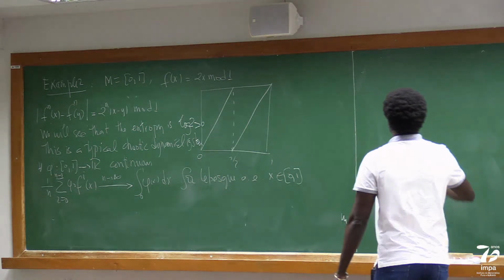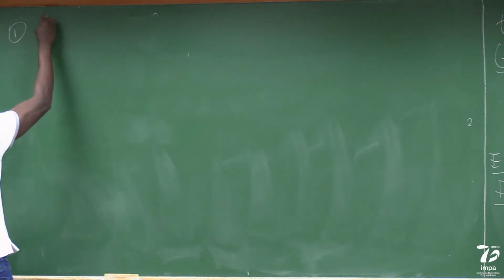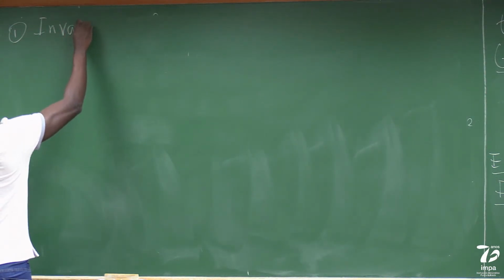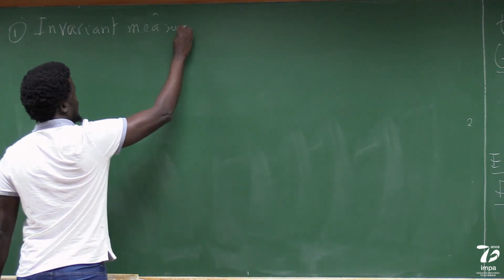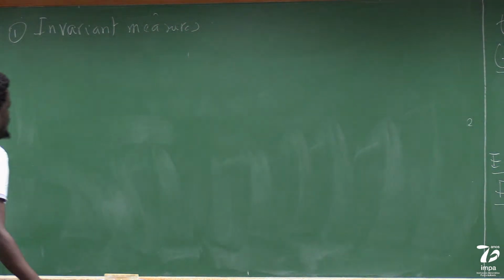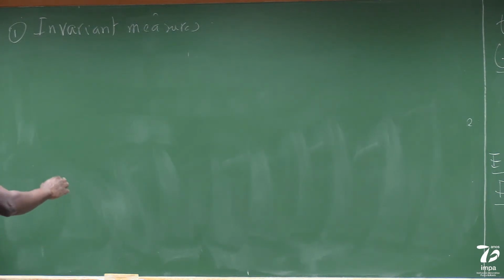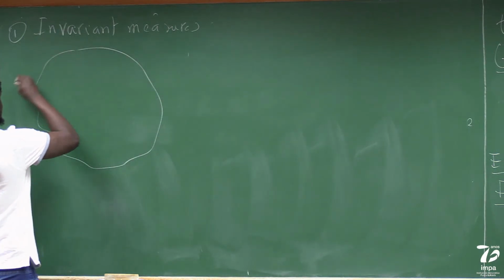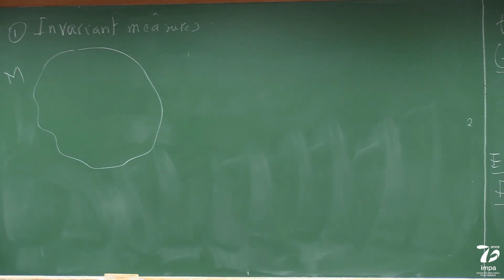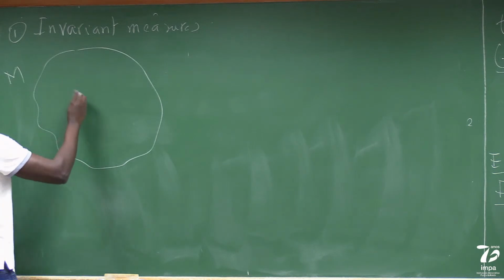So first of all, one point that we will study is invariant measures. What is an invariant measure? You have your dynamical system that is happening on a space M. This is your space M. And let's say you have a set E here.